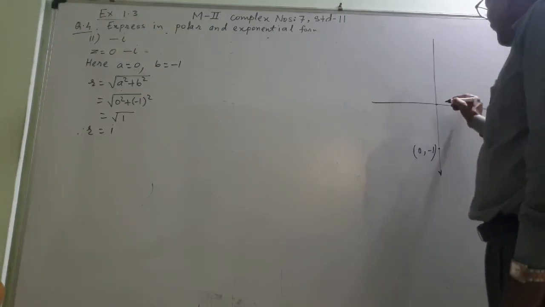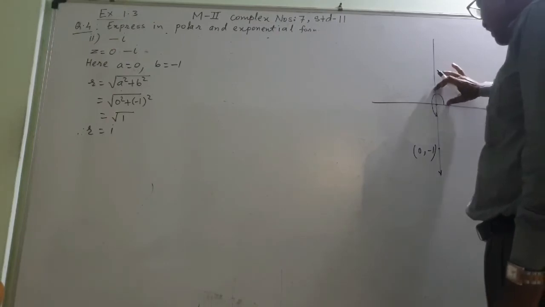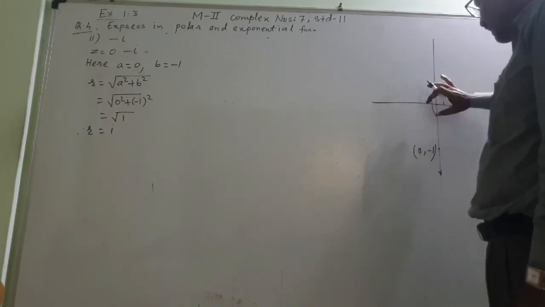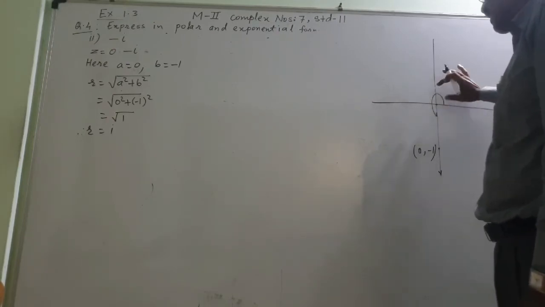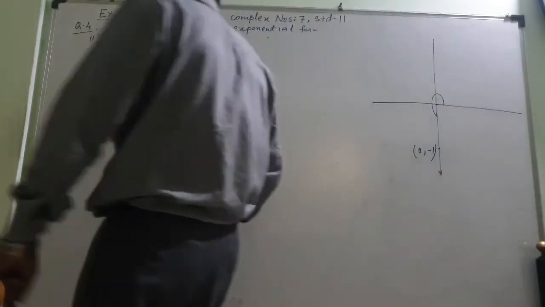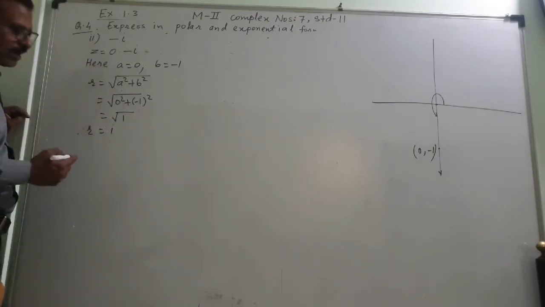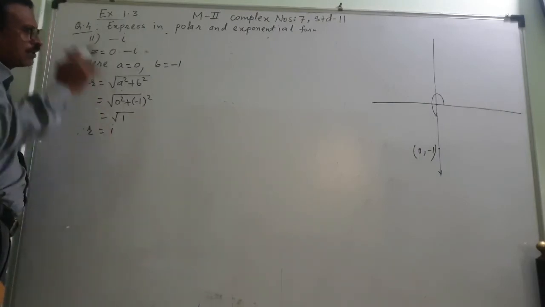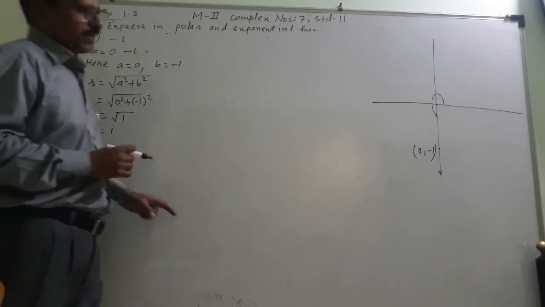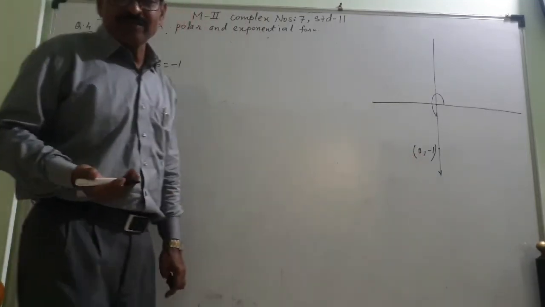Here. What is this angle? 3 pi by 2. This is 1 pi by 2, 2 pi by 2, 3 pi by 2. Pi by 2 means 90, so 270 degrees. So you can draw the figure, and from the figure also you can write. So tan will come infinity over here. Tan of 90 is infinity.